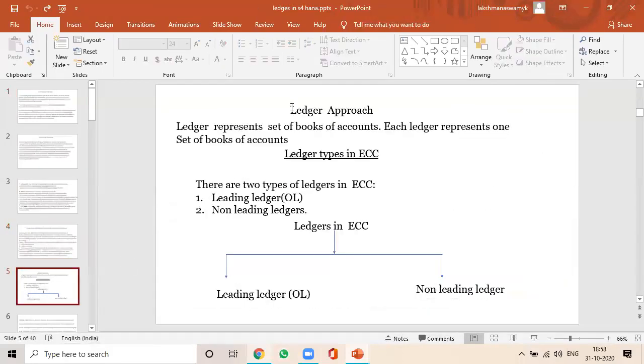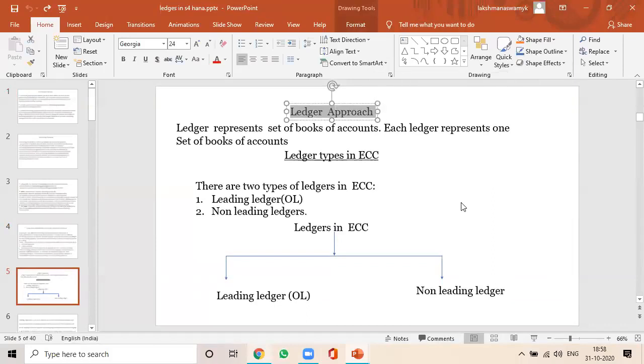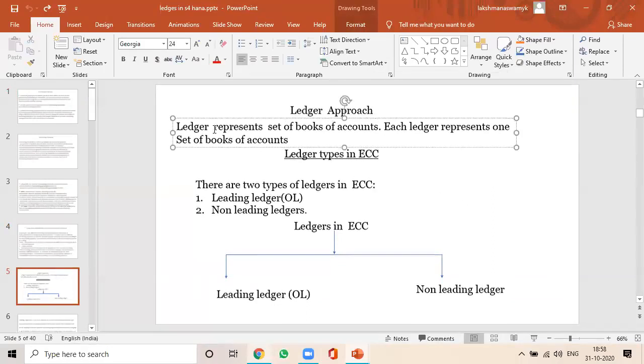Then the next one is the ledger approach, very much used, right? See, a ledger represents a set of books of accounts. One set of books of accounts is called a ledger. Each ledger represents one set of books of accounts. You maintain one set of books of accounts according to IAS. That is called one ledger. You maintain a separate set of books of accounts according to UK GAAP.